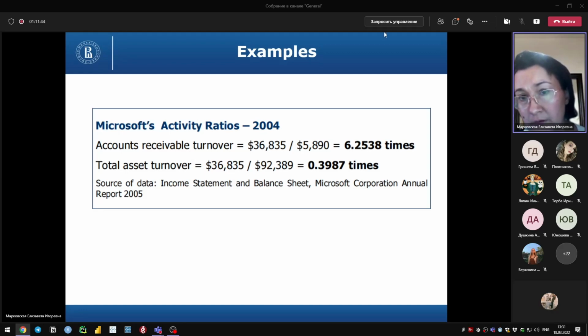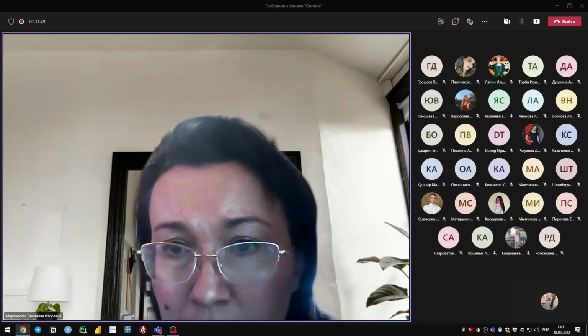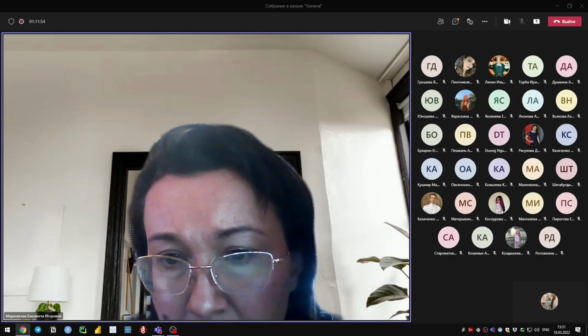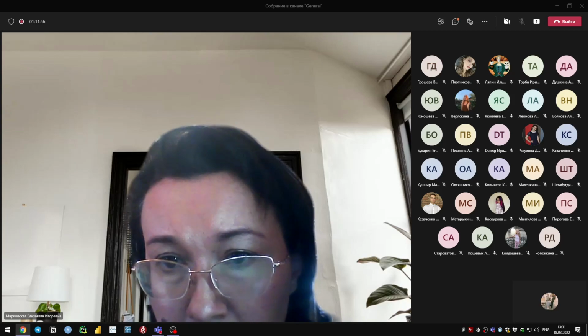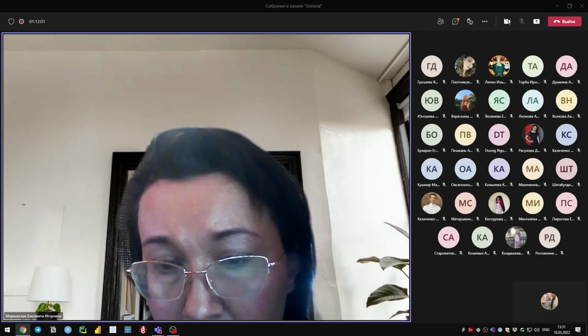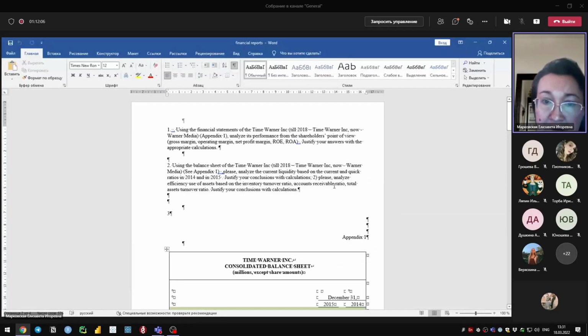So I'd like to stop the demonstration for a while, and let's look at the next task connected with Time Warner. The next task is connected with the liquidity ratios and activity ratios. Try to calculate any liquidity ratio or any efficiency ratio.